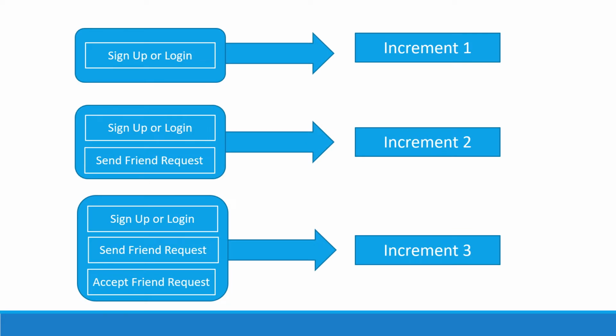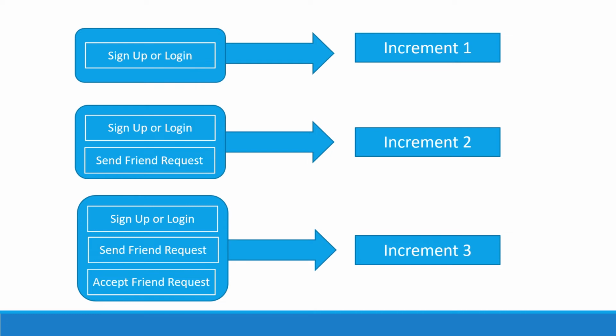In order to understand how the process works, let's take a simple example. Suppose our customer wants a simple application. After gathering all the requirements, we divide these requirements into three modules: first, the sign up or login module; second, send friend request; and third, accept friend request.